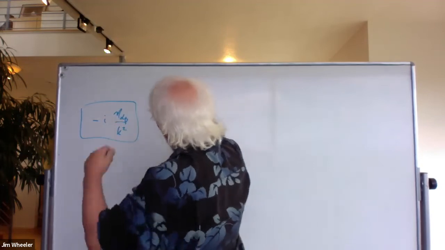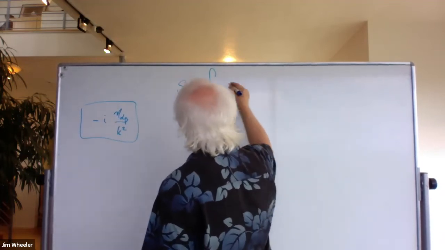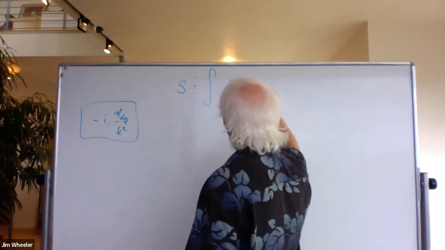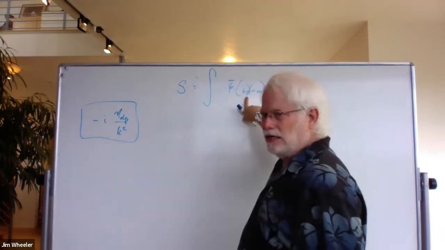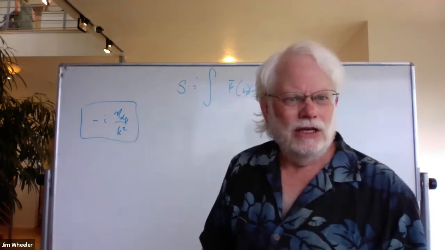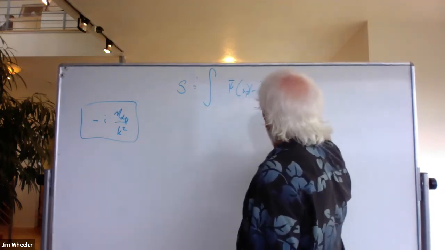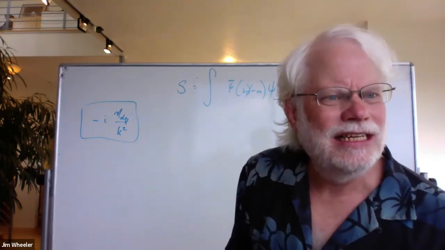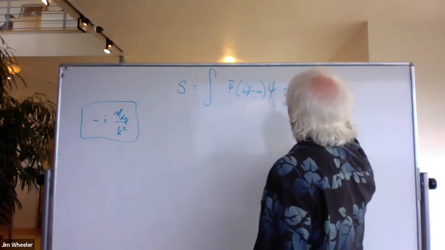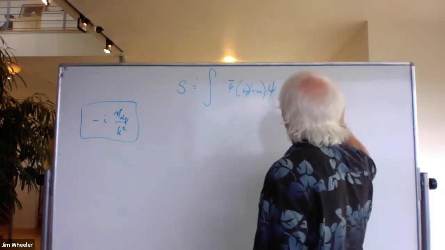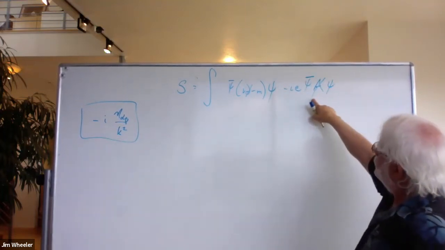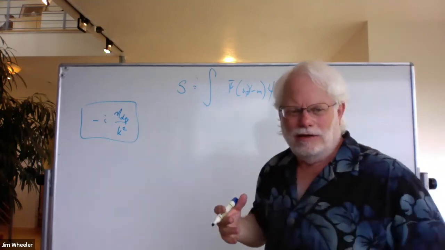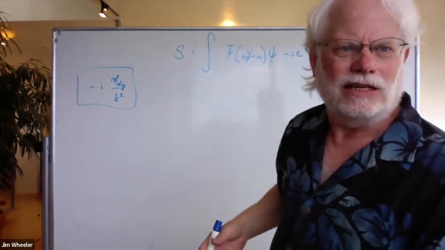So the gauged action was psi bar (i d slash minus m) psi, but we made this the U(1) covariant derivative, which added a term: i e psi bar A slash psi. So this is an interaction term that is going to tell us how photons and fermions interact, say, electrons.